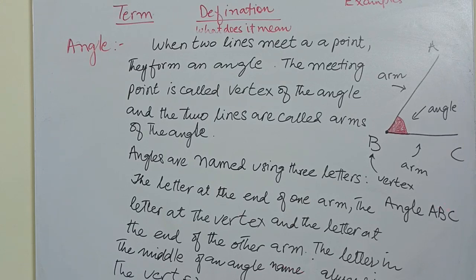Here you see this B, the letter in the middle. You see my pointer? The letter in the middle is always used for the vertex of the angle.